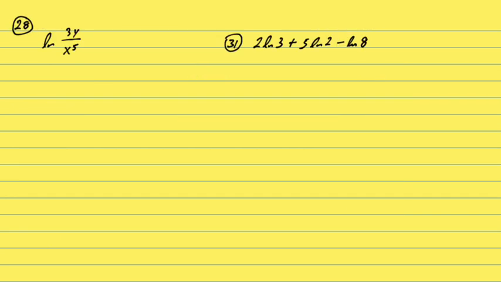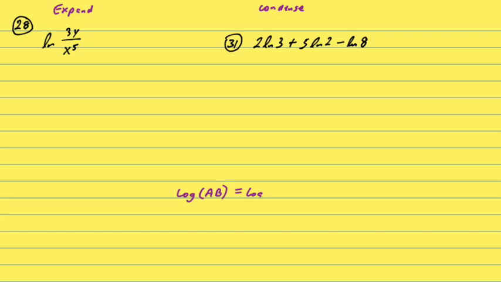Okay, after 28, we want to expand. So the instructions here will be to expand, in other words, write with multiple logarithms. This one is going to be to condense, which is to write as a single logarithm. Just to remind everybody, I'm going to write the three properties here.